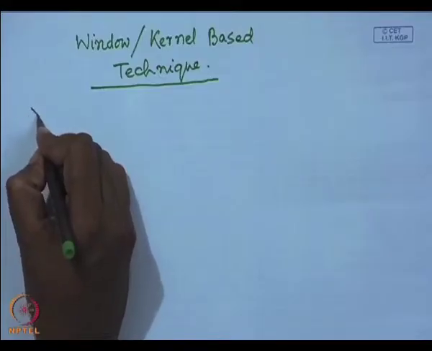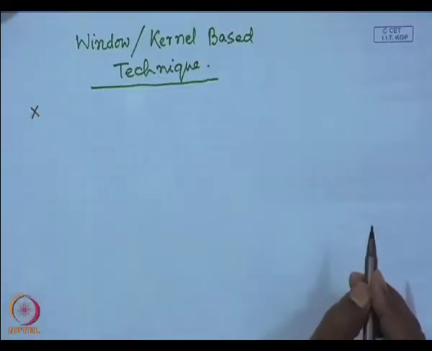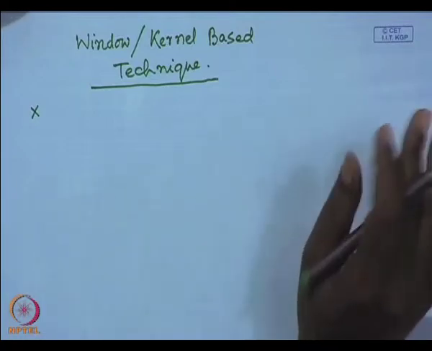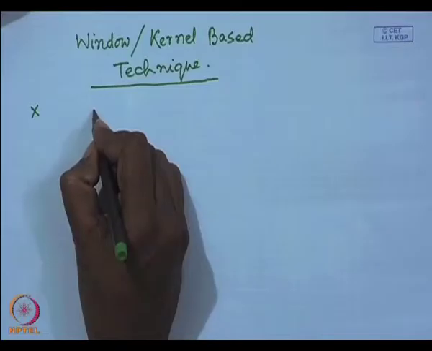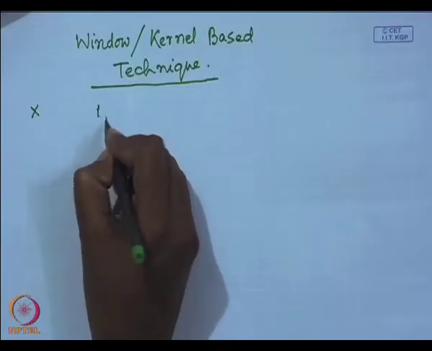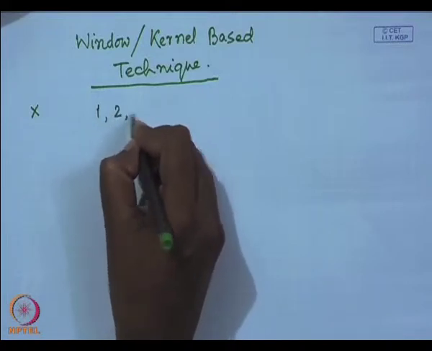We said that suppose we have, let us take a very small example, some samples. I assume that I have a single variable or a scalar variable x, and the samples which are given for estimation of the probability density function are, say, x equal to 1, x equal to 2 and x equal to 4.